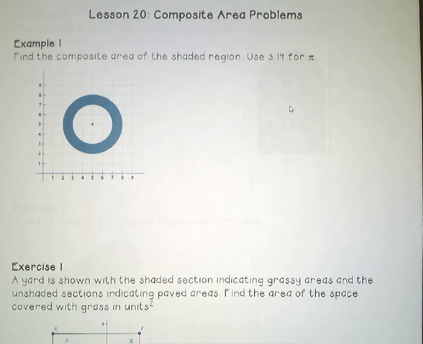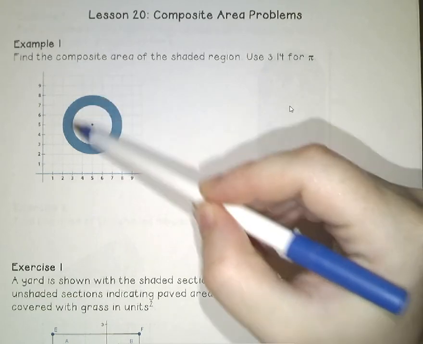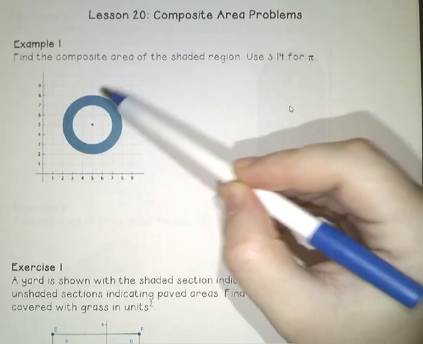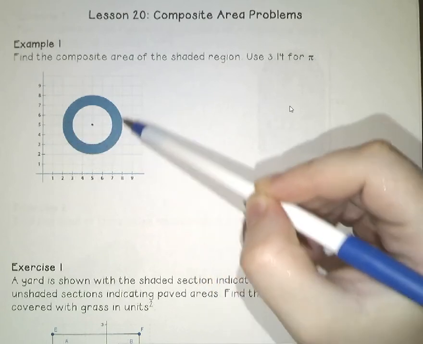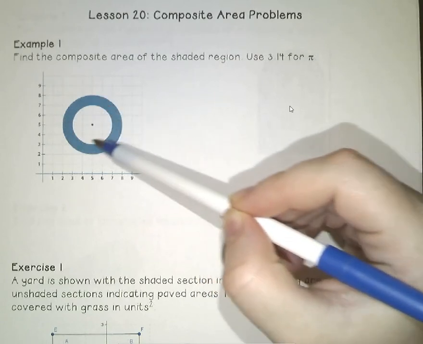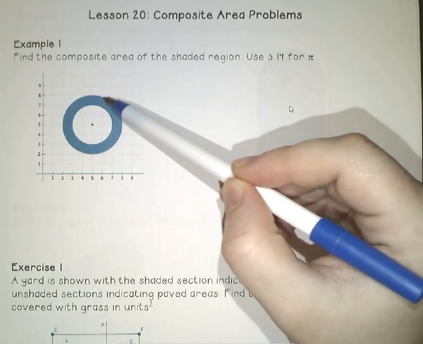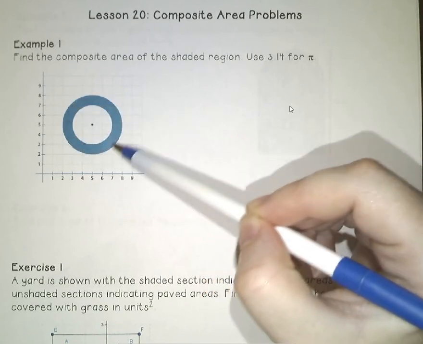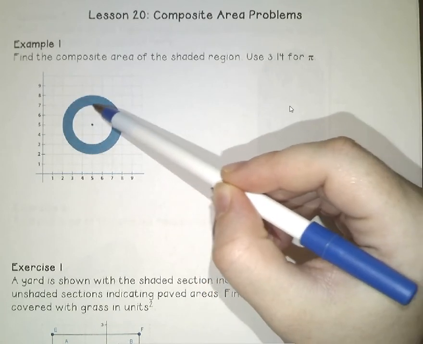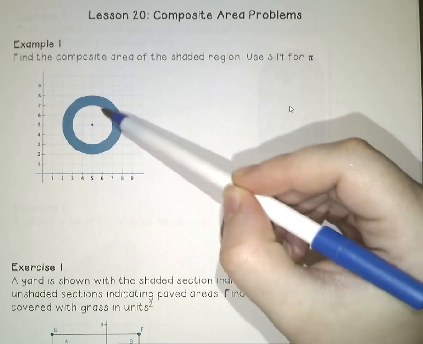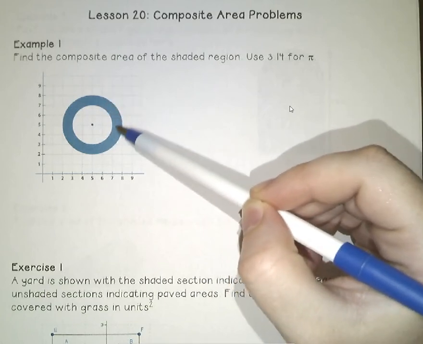So our shaded region is really made out of the outside circle and the inside circle. So if I find the area of the outside big circle and subtract the area of the small circle, I'm going to see what is left out.